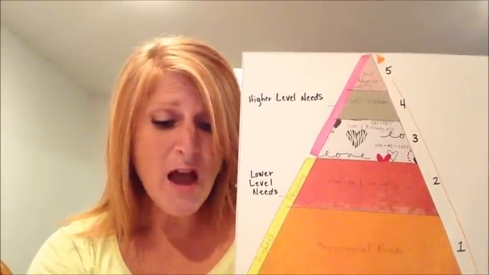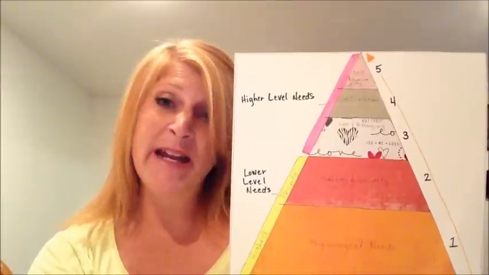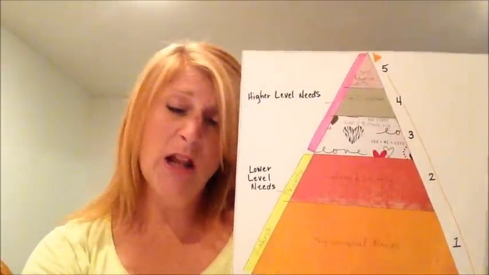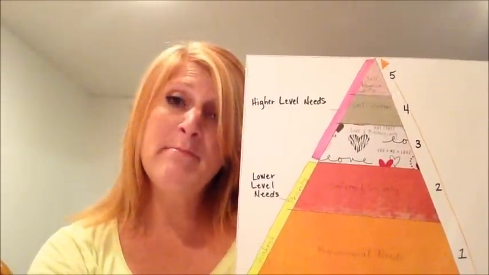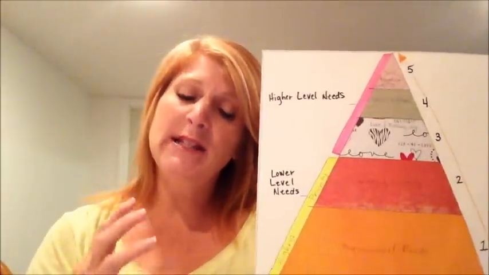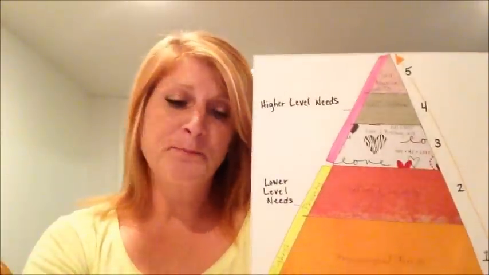Okay, this includes change in body image as well. So a big weight loss or a big weight gain, loss of hair, loss of a limb maybe, or growth spurts really early or really late. These things can really alter their self-esteem.